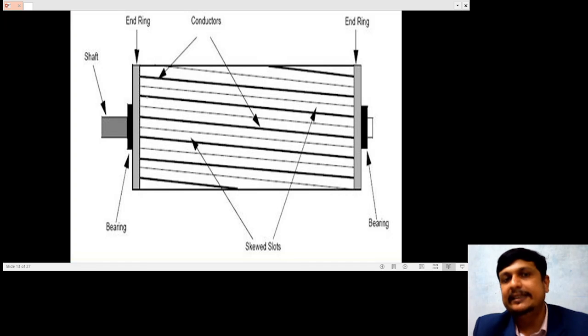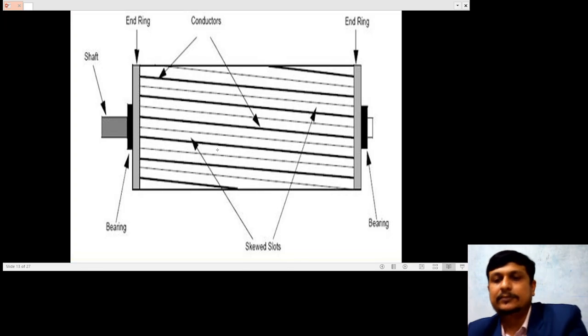You can observe that these copper or aluminum bars are not parallel to the shaft. They are slightly askew. What is the reason for skewing of these bars? We will discuss it in the next slide. This is your shaft and bearing. These are the constructional features of a squirrel cage rotor.